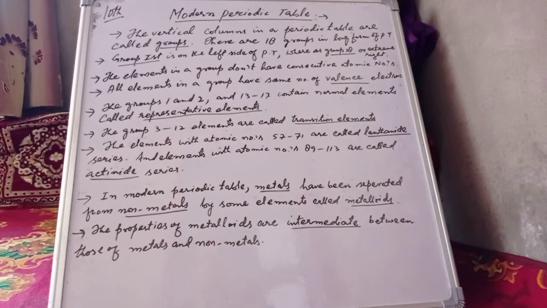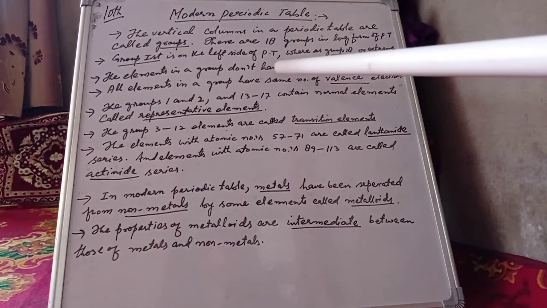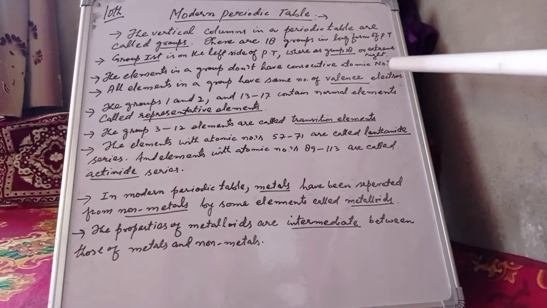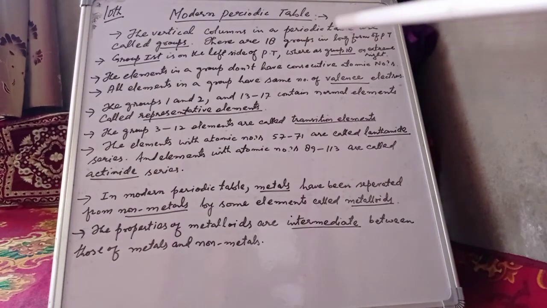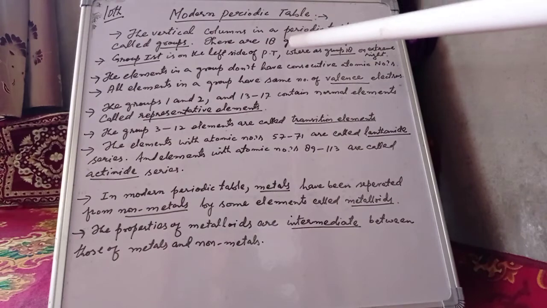One more point which I would like to discuss with you is that, as I said, there are consecutive atomic numbers in a period between the elements, but the elements in a group don't have consecutive atomic numbers. For example, if lithium has atomic number 3, then the next element after lithium in a group is sodium.